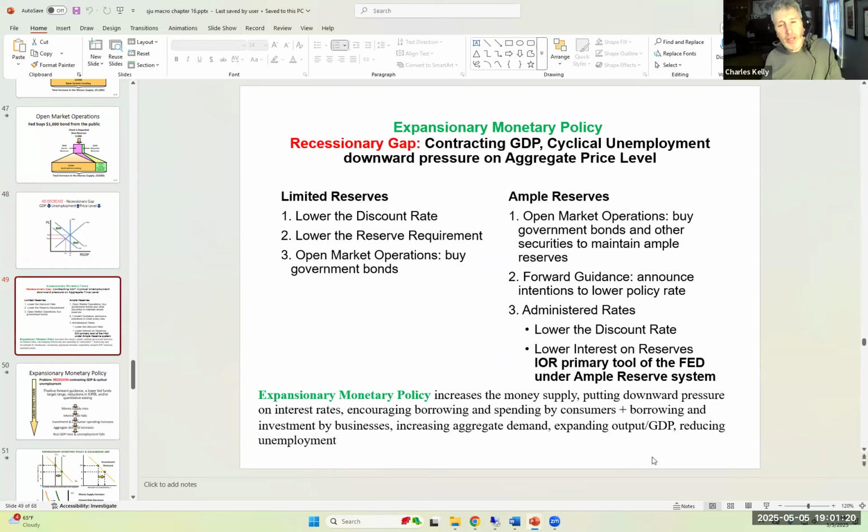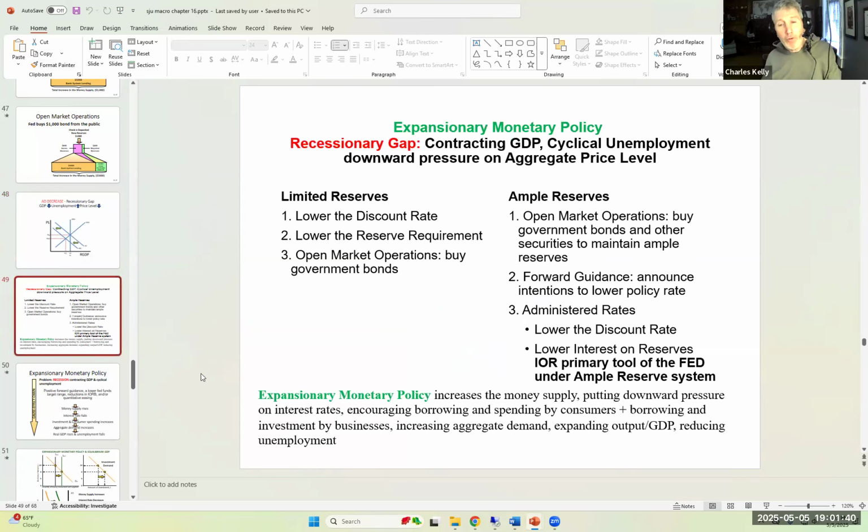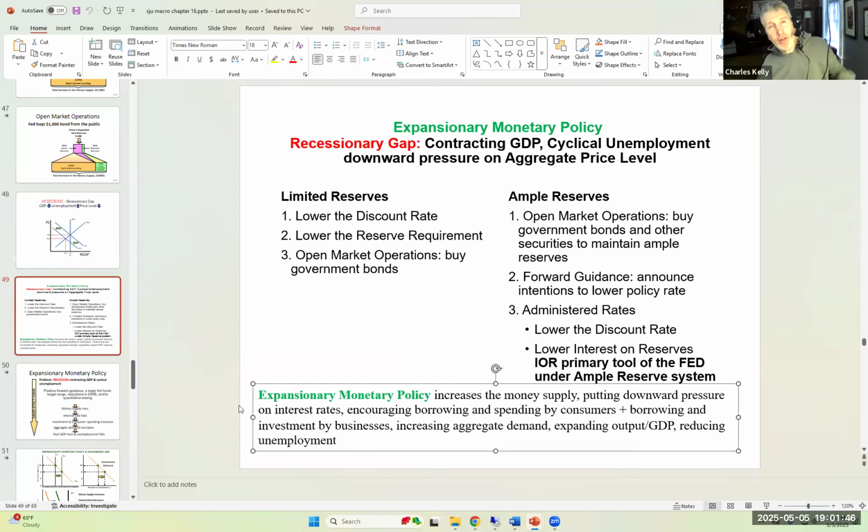Now, the nice thing is you could just copy this into your notebook and you could look all fancy and say, like, I know all this stuff on how the Fed should react to this economic dilemma. Right? The economy has contracted, unemployment's way above 4%, GDP is faltering, not worried about the price level. But if you just look down here, this is the most important idea. All right, what will the Fed do? The Fed's going to say, look, we got to put liquidity in the system.